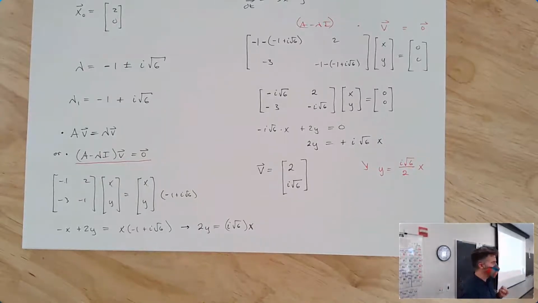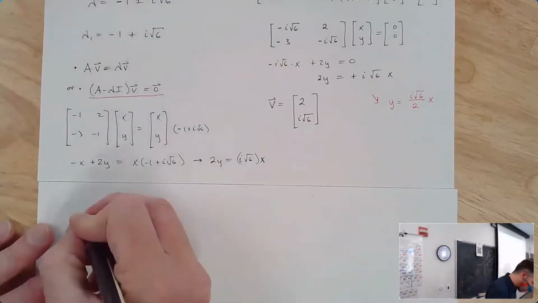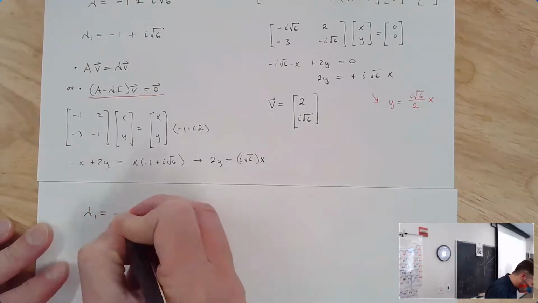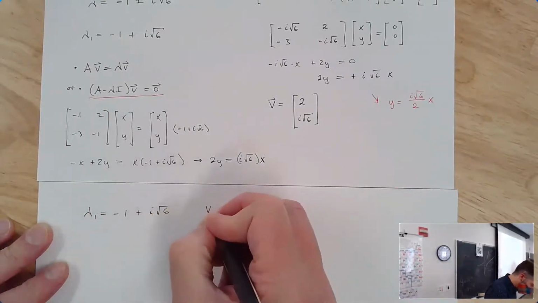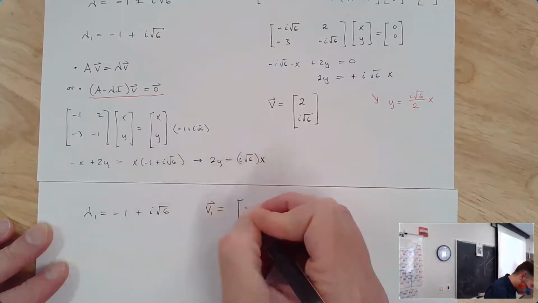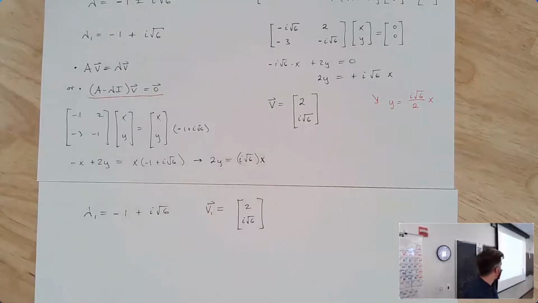So I found one eigenvalue and one eigenvector. I have lambda1 equal to -1 plus i root 6, and the associated eigenvector is (2, i root 6). And now here's the good news.